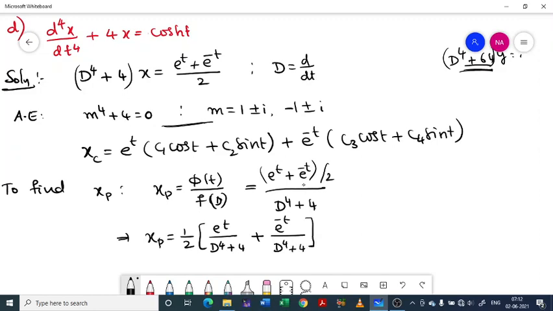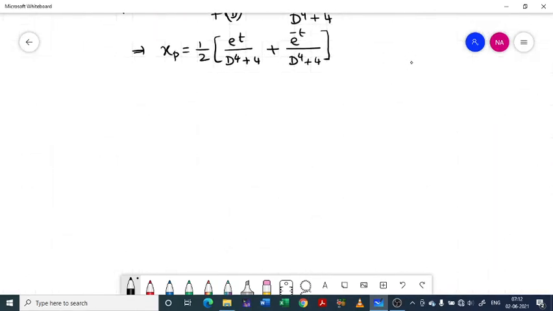In the first term a will be plus 1, in the second term a will be minus 1. Whether it is plus 1 or minus 1, you get D⁴ to be 1 only. So you get x_p = 1/2 (eᵗ/5 + e⁻ᵗ/5).